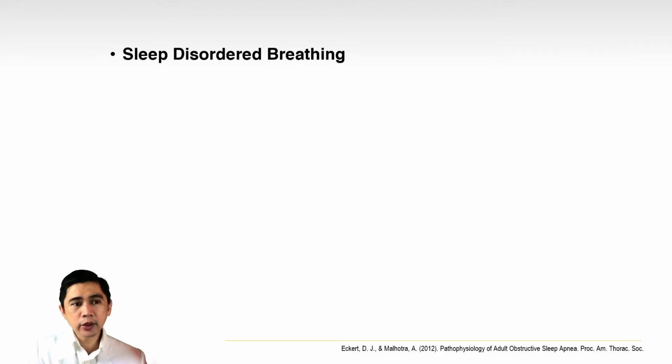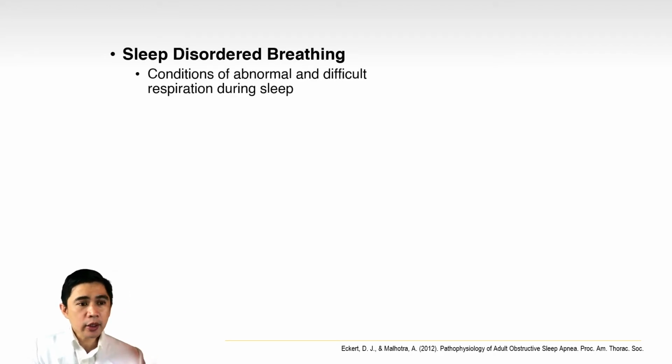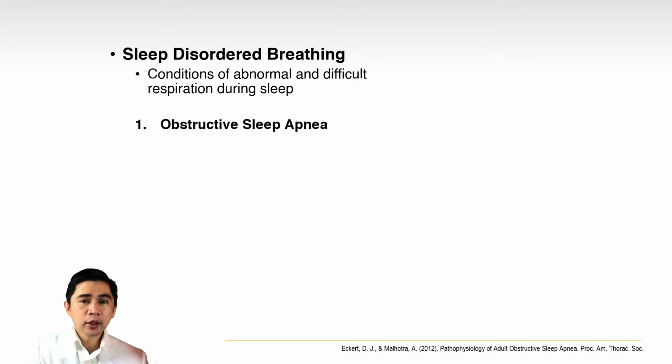Now let's talk about sleep disordered breathing. These are conditions of abnormal and difficult respiration during sleep. The first type of sleep disordered breathing is obstructive sleep apnea. It is a disorder because of an upper airway obstruction.